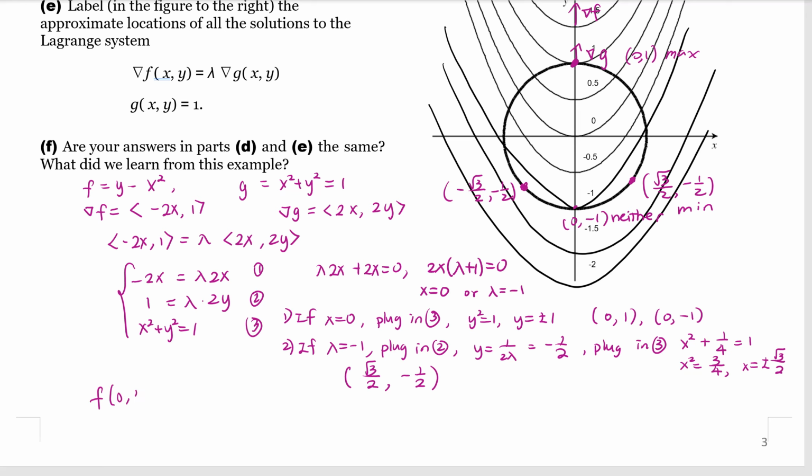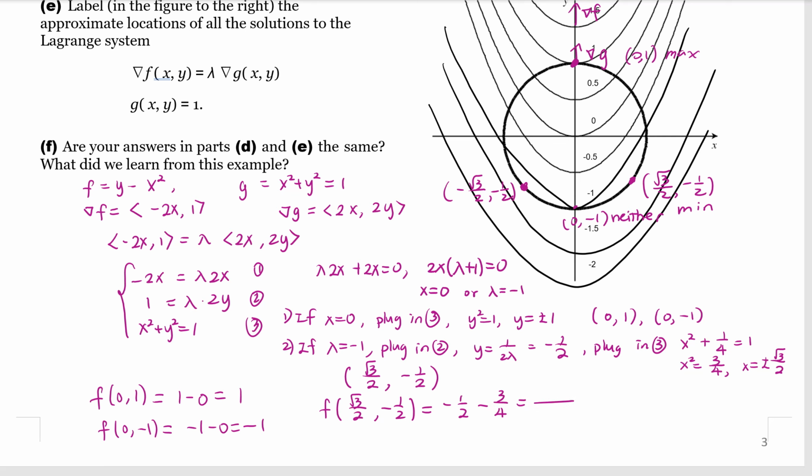So f of (0, 1), we get y is 1, 1 minus x squared, 1 minus 0 is 1. F of (0, -1), y is -1, minus 0 is -1. F of (root 3 over 2, -1/2), y would be -1/2 minus x squared, which is 3 over 4.